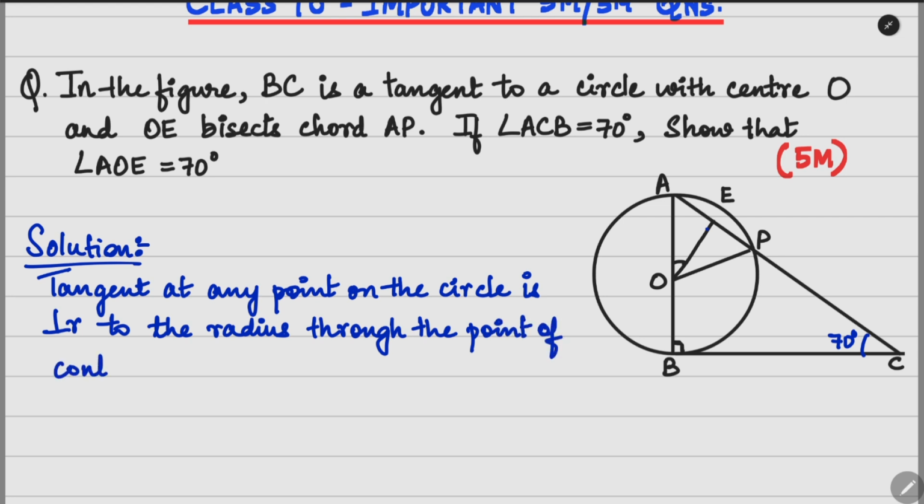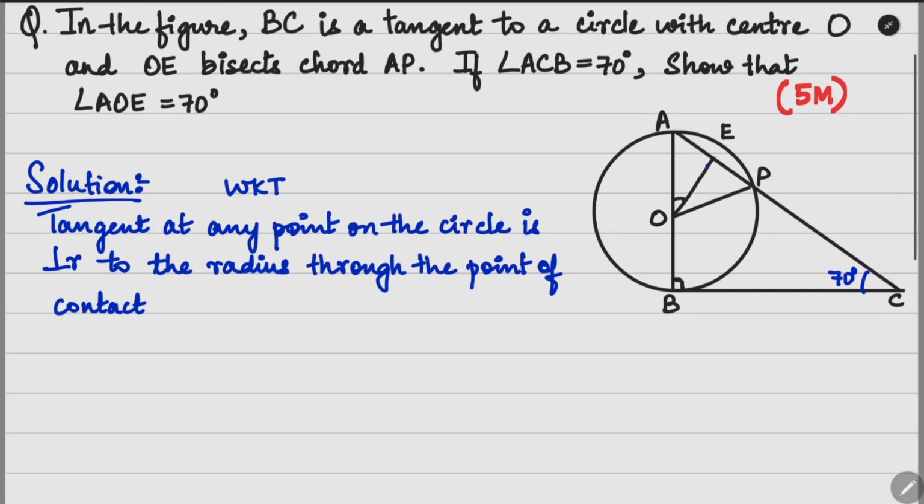This is something which you should know. Therefore, we say that OB, which is the radius of the circle, is perpendicular to BC. I'm going to write that OB is perpendicular to BC. Therefore, when OB is perpendicular to BC, angle OBC equal to 90 degree.